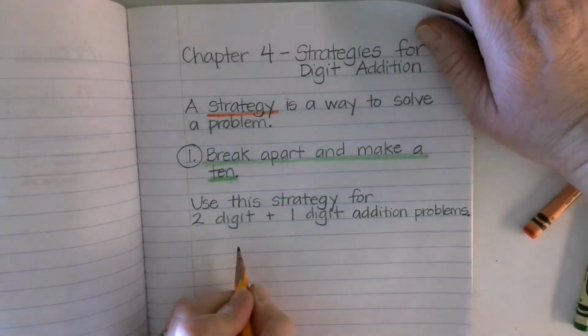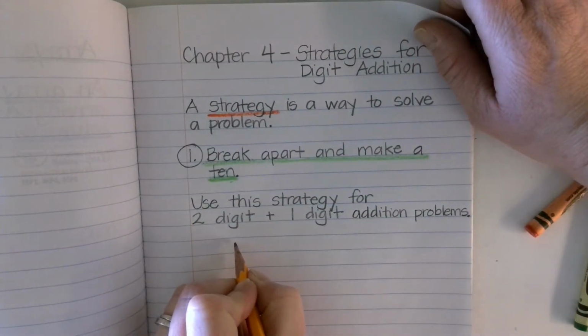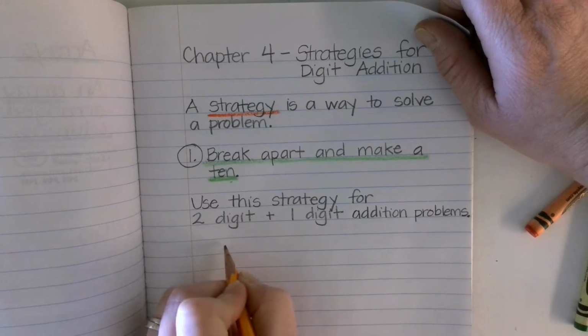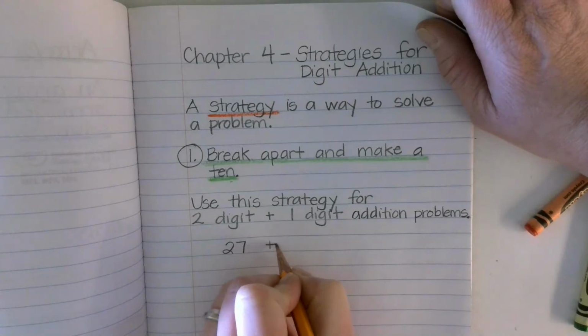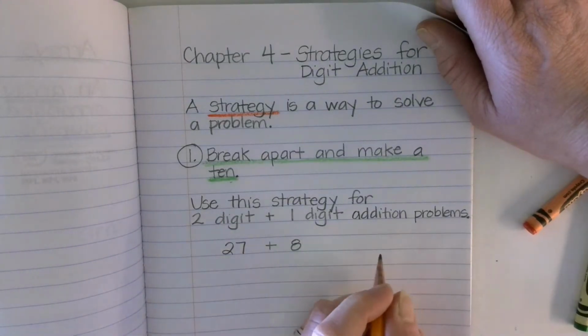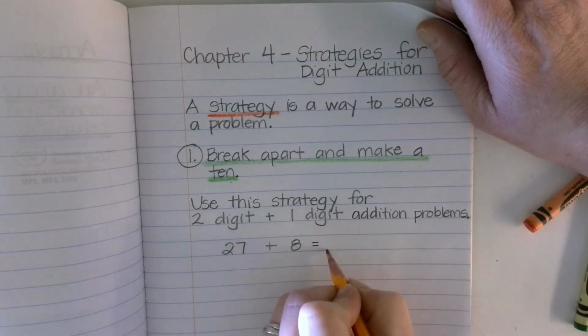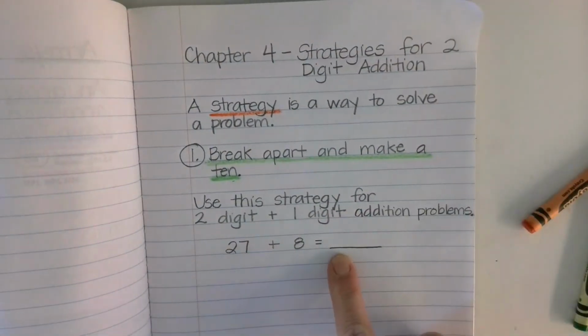Let's try 27. So skip a line. Write 27 plus 8. Notice I'm not putting these really close together. Equals blank. Okay. 27 plus 8 equals blank.